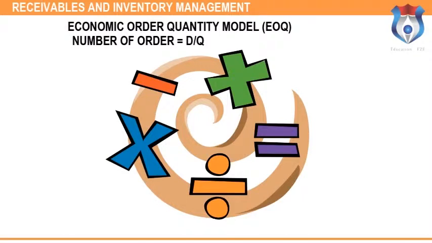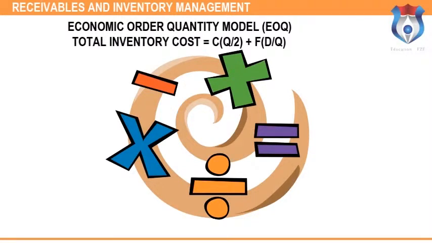To determine the ordering cost, multiply the number of orders by the fixed cost per order F. Ordering cost is equal to F(D/Q). The total inventory cost for a year for a business is simply the sum of the carrying cost and the ordering cost.